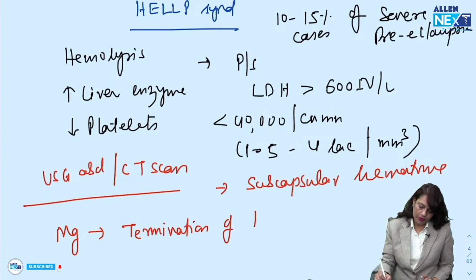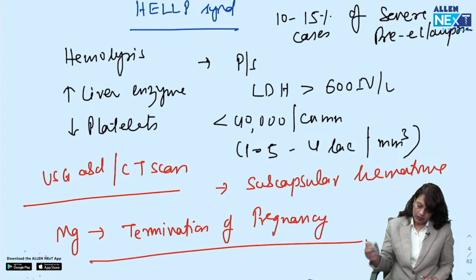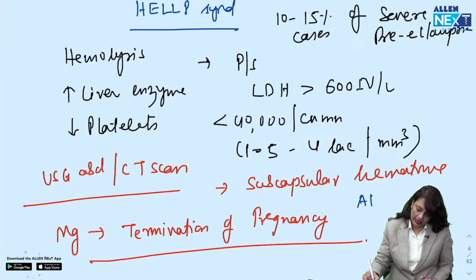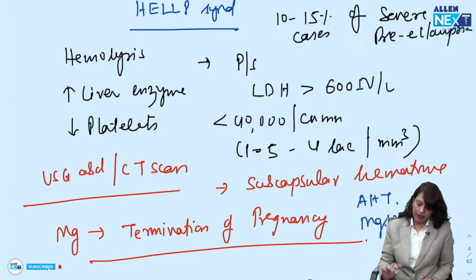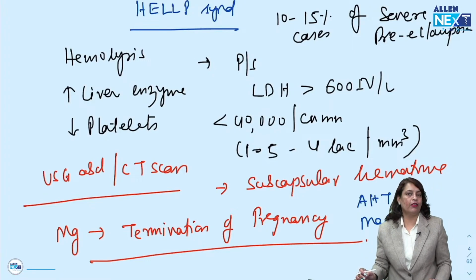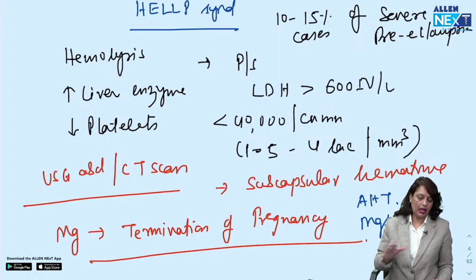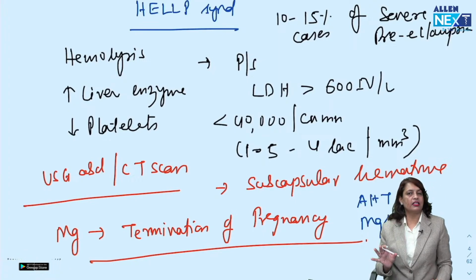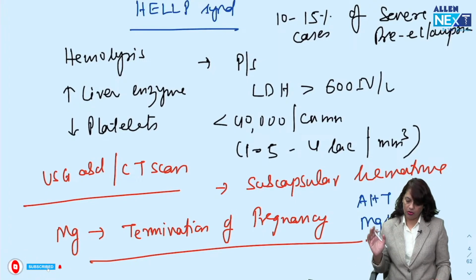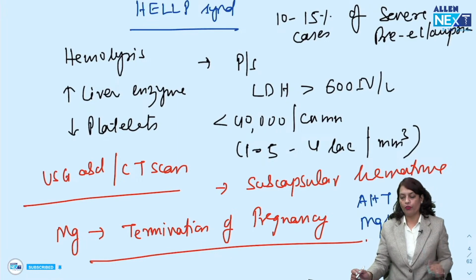termination of pregnancy. Now you have to give the antihypertensive, and you have to give magnesium sulfate because she has already developed the warning symptom, that is epigastric pain, and the blood investigations have been deranged. So she can throw fits also.